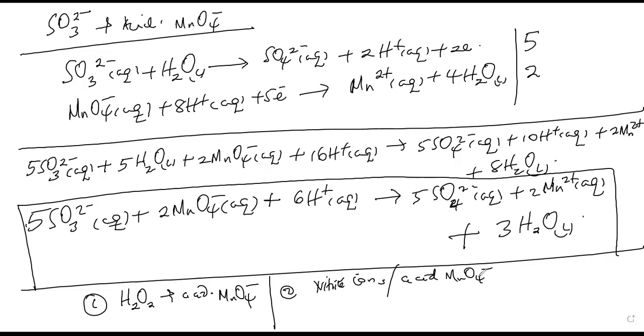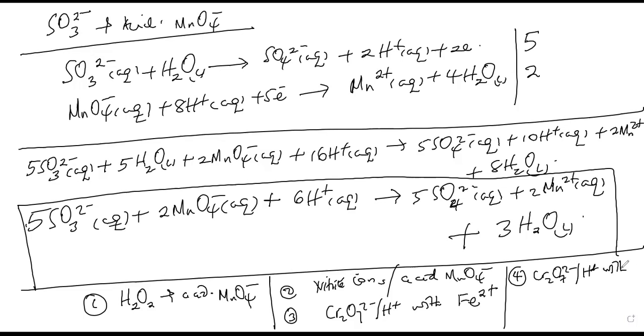Then I want you to write an equation of acidified potassium dichromate 6, that is Cr2O7 2 minus, with the iron 2 ions, and then still you write Cr2O7 2 minus acidified with oxalate and iron.